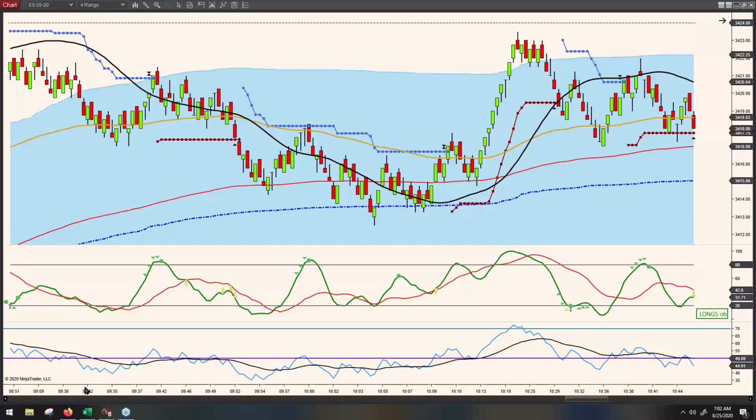All right, so here's where we open, right around here, 9:30. And here you can see we actually get a setup. You can see the bar closing above the super trend stop here. And if you look at the stochastics at that time, we've got that 40-point gap.